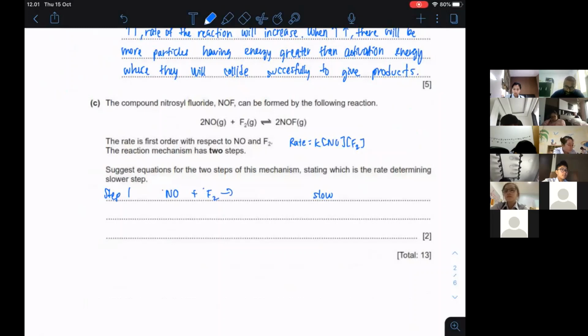So let's say I just put to give me NOF2. Then I need to eliminate NOF2. So I have 2 NO, so probably react with another NO to give me something that I want, so maybe 2 NOF. So I check and see everything okay, so I put this is fast. So this is the rate determining step.